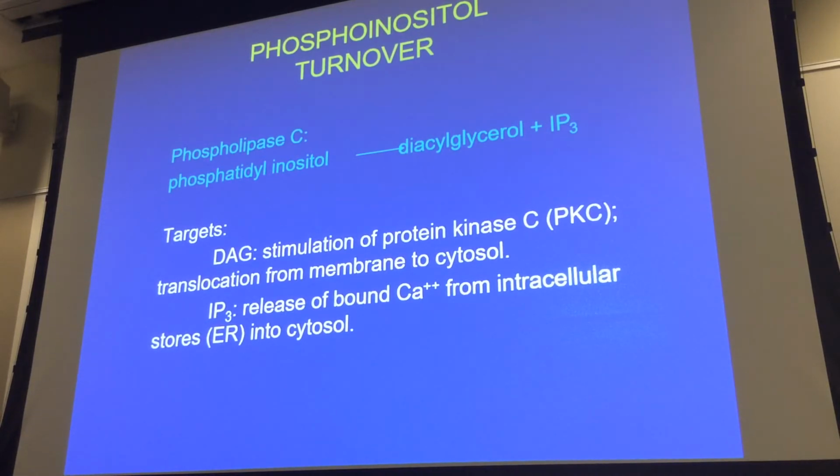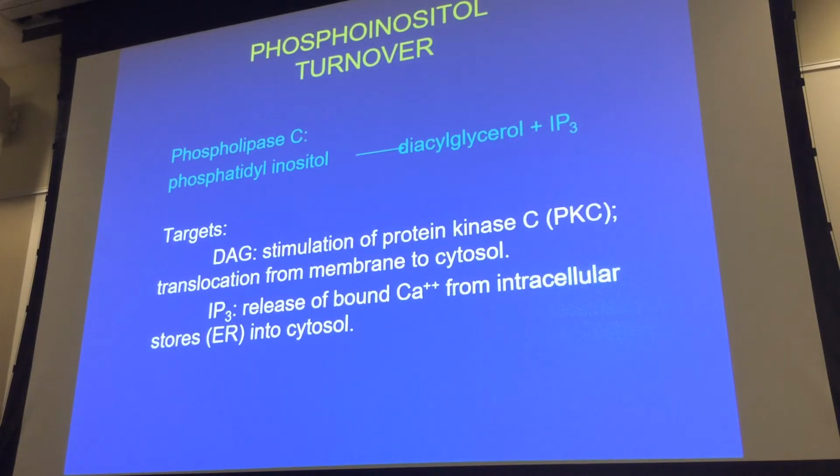So intracellular levels of calcium in the cytoplasm are normally very, very low because the endoplasmic reticulum takes all the calcium that's been taken up from outside the cell and stores it inside that organelle. So it's inactive.